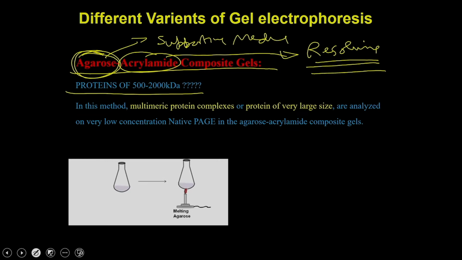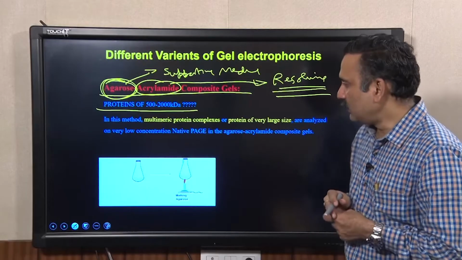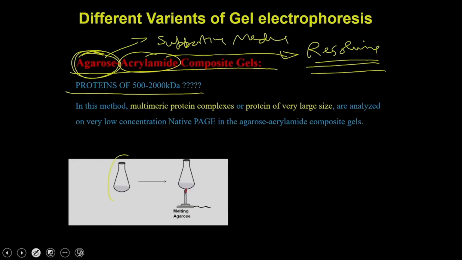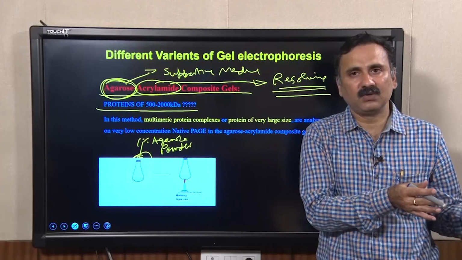So, how to prepare these gels? You first prepare the complete acrylamide solution. Then you add 1% agarose powder, and then you boil this, as we discussed when we were discussing horizontal gel electrophoresis.